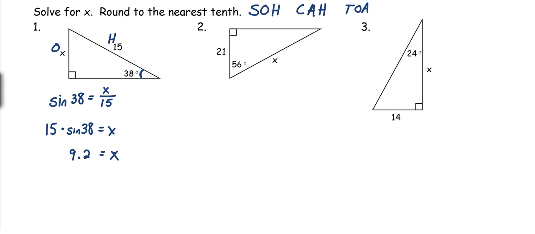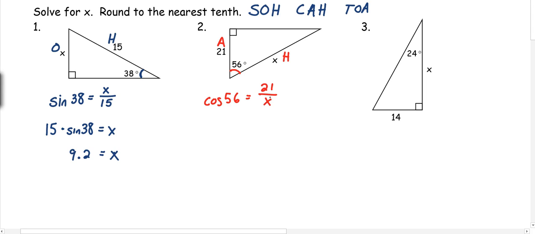In number 2, we're given 56 as our reference angle. So 21 is next to the angle, so that is our adjacent side, and across from the right angle is our hypotenuse with x. So if we have adjacent and hypotenuse, this is cosine. So the cosine of our angle 56 is equal to the adjacent side over the hypotenuse.